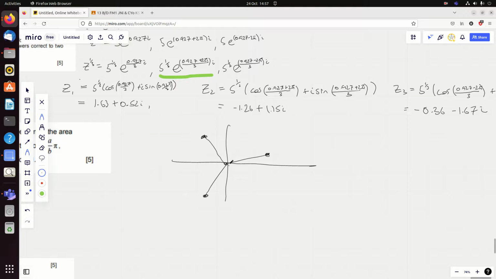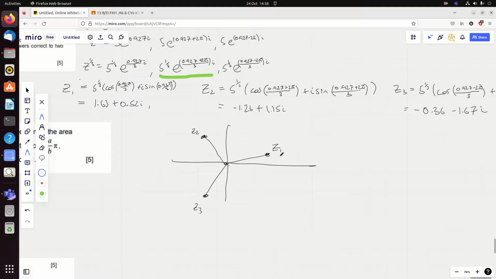This is like Z1, Z2 and Z3. The point is, when we times them by themselves 3 times, we eventually get to 3 plus 4i. You always get this with nth roots of unity, but it's to do with the fact that whenever you multiply by a complex number, it's just a rotation.